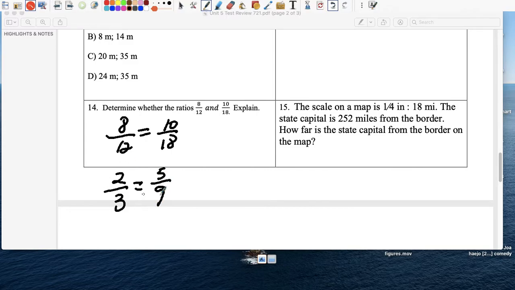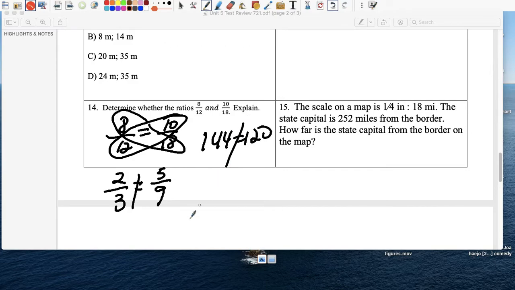It is clear that 2/3 is not the same as 5/9, so this is not proportional. The other way is to cross multiply: 8 times 18 equals 144, and the other one you get 120. Because they're not equal, they're not proportional. You can do it either way.